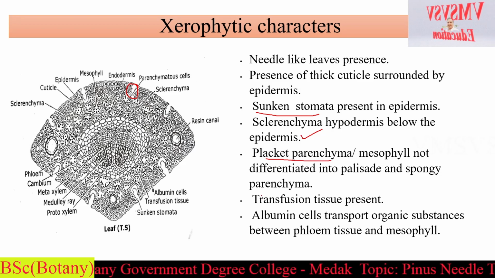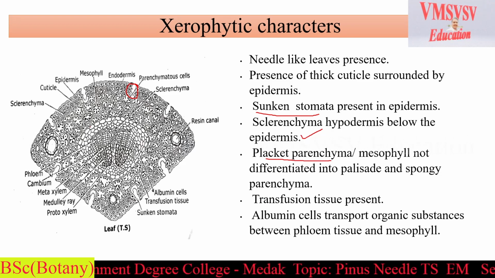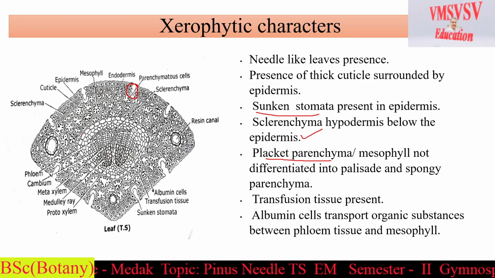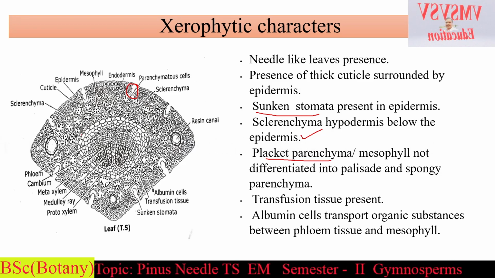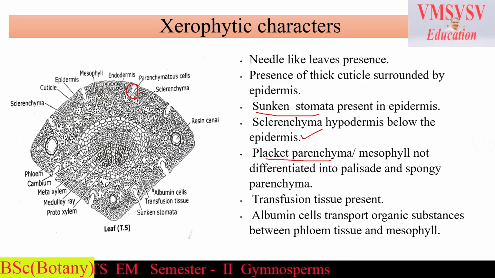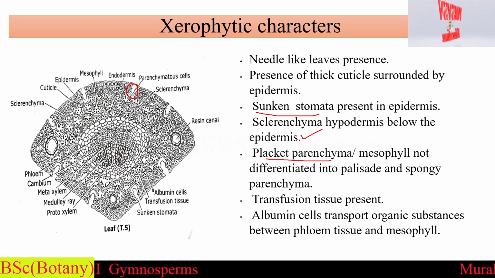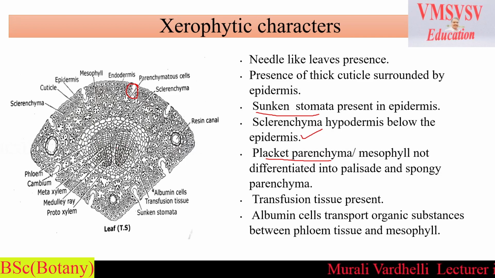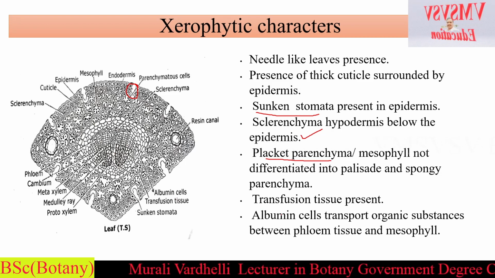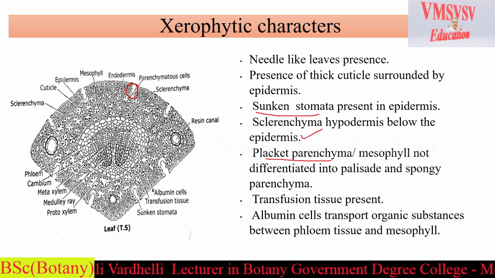Next, another character is that transfusion tissue is present. Actually, the main function of transfusion tissue is transport of water and food material from the vascular cylinder to the lateral side. But in this Pinus needle, lateral veins are absent. Instead of lateral veins, they have transfusion tissue. So transfusion tissue is also one of the xerophytic characters. Next one is albuminous cells.